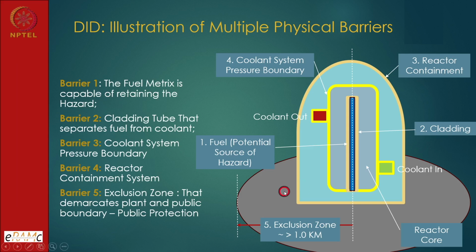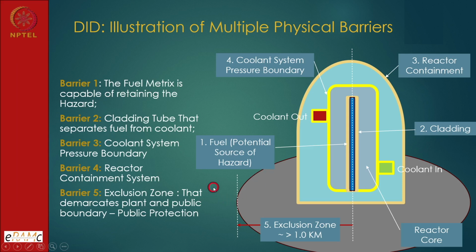And then the last barrier is the exclusion zone. It is actually the fifth barrier, almost more than 1 kilometer, or maybe 1.6 kilometers, and these are called exclusion zones. Here public habitat or public entry is not available.